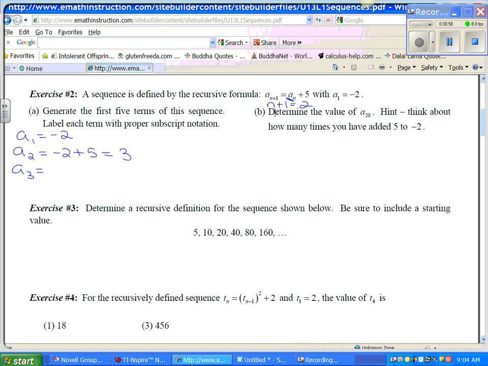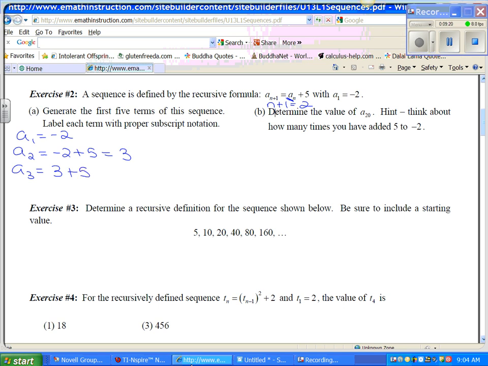Think about it, guys. A sub n plus 1: what would n have to be to make this whole thing 3? 2, because 2 plus 1 is 3. So now n is 2, so a sub 2 is 3, plus 5.